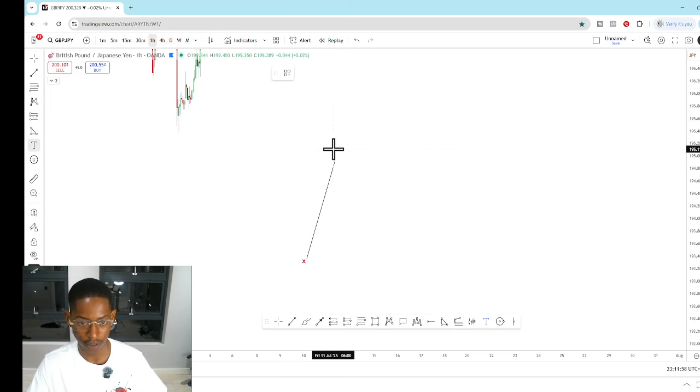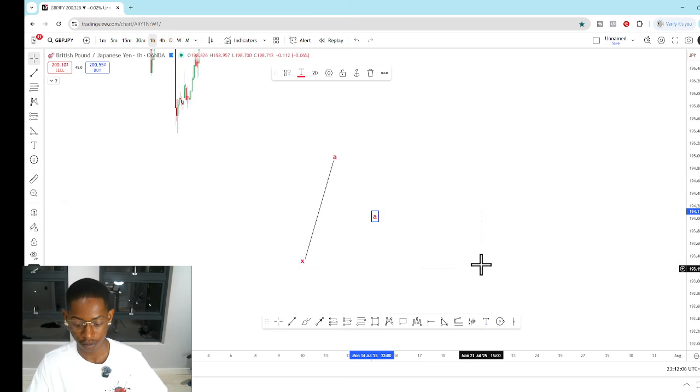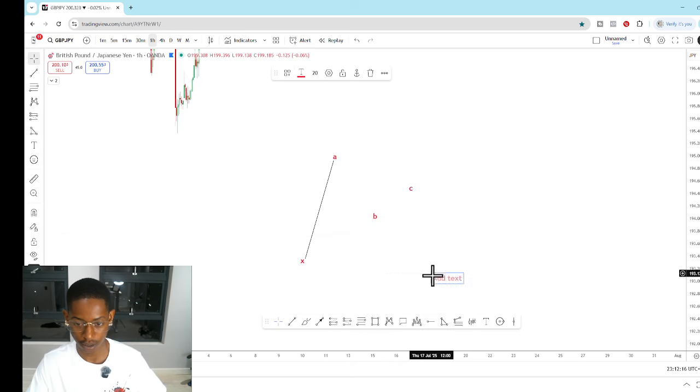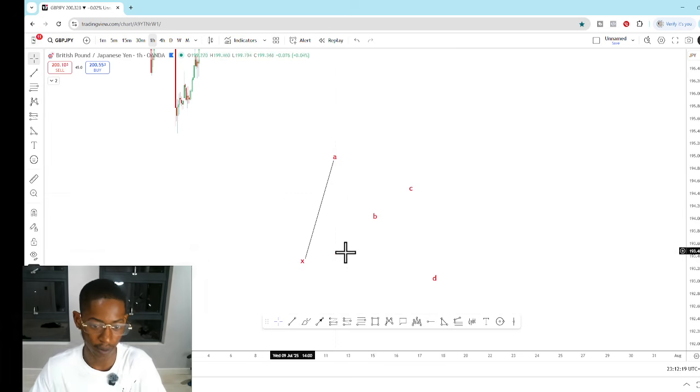Where is it? Right here. Here's our A. And then we are going to be having our B, C and then D. So X, A, B, C, D. Perfect. This is going to make sense just now.